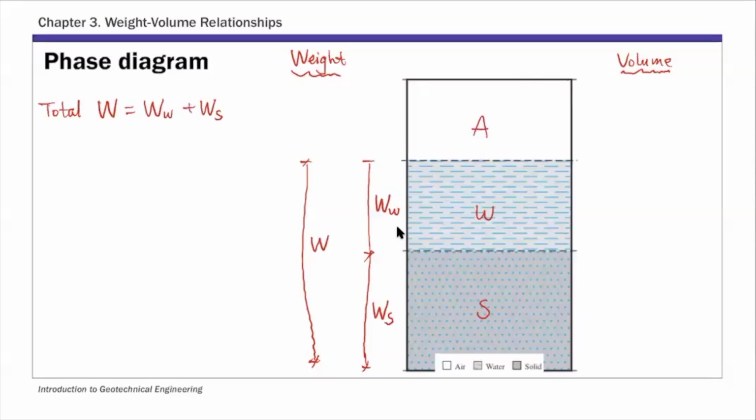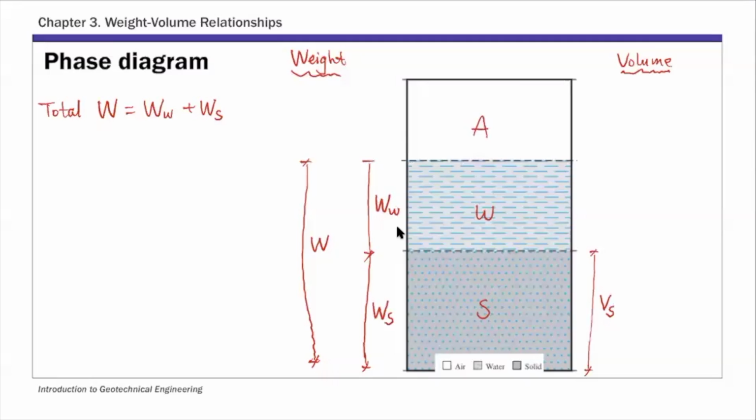And then on the volume side, I'll start with the solid phase. For the volume of solids, I'm going to use V sub S. V for volume and subscript S for solids. That's the volume of solids.